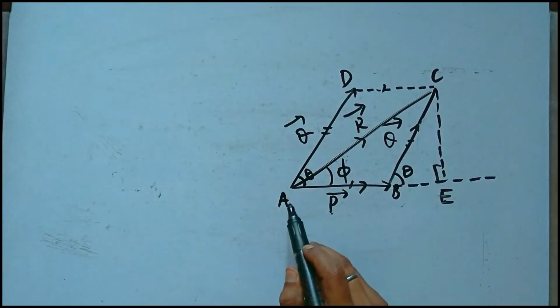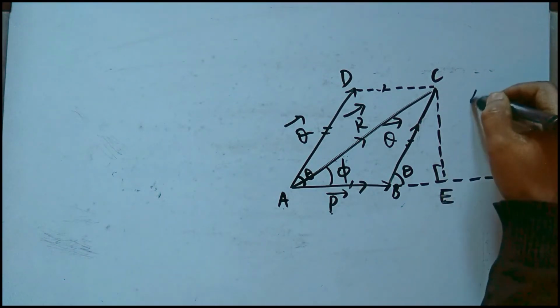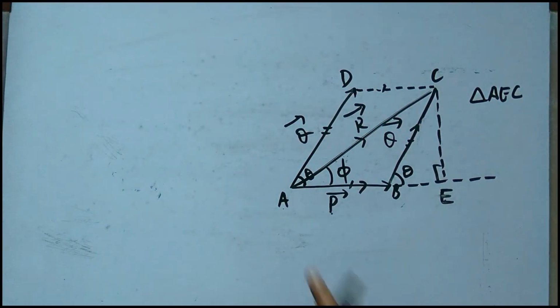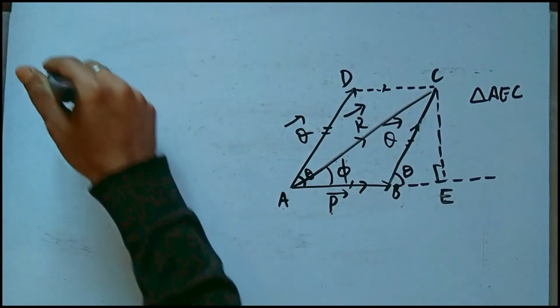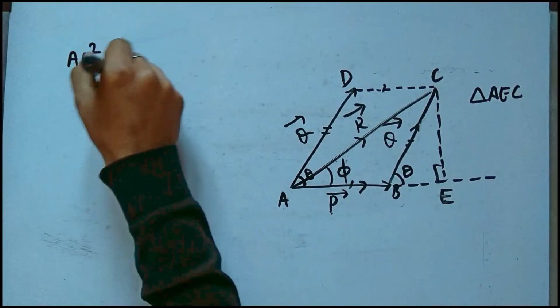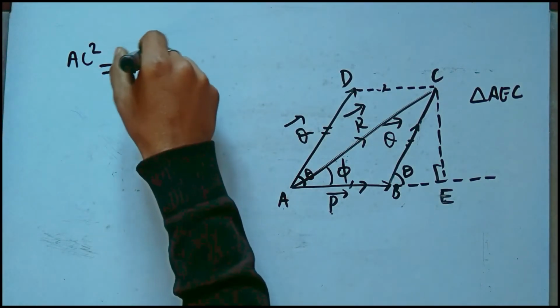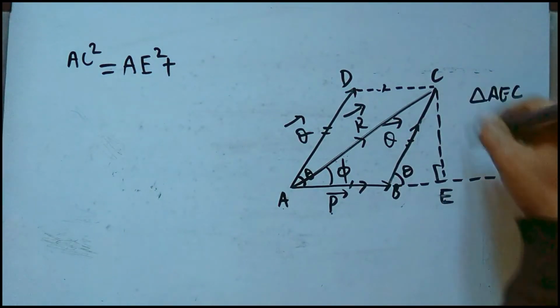Now if we consider this triangle A, E and C, it is a right angle triangle, so you can apply Pythagoras theorem here. So AC square is equal to AE square plus EC square.